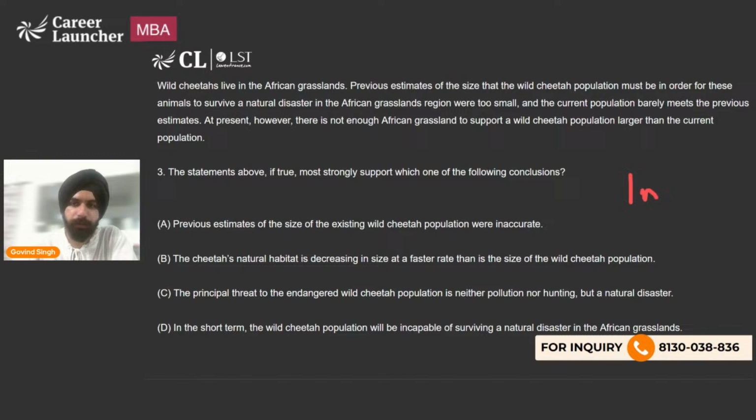You guys have 1 minute to solve it. Question number 3. Let's do question number 3 very quickly.